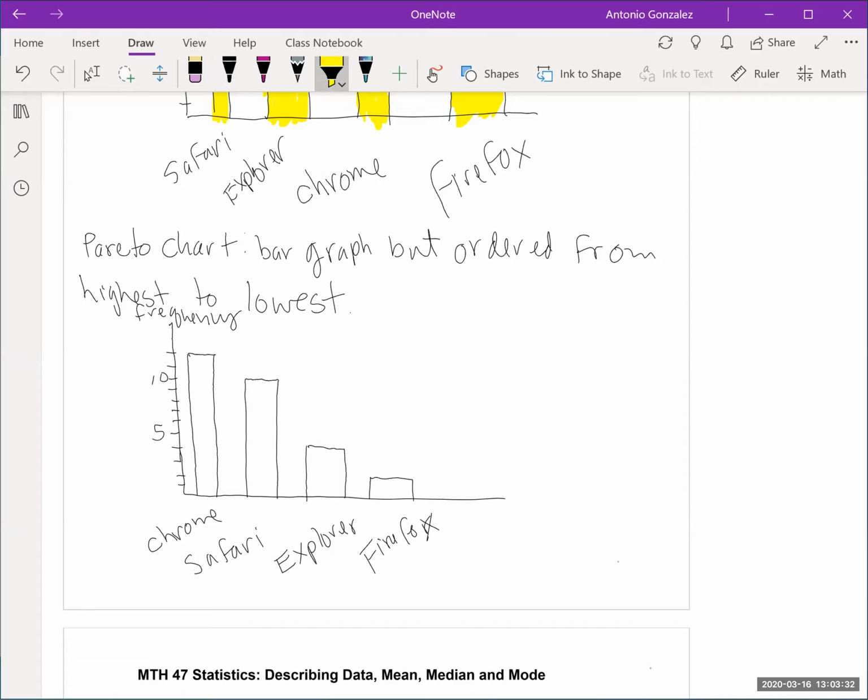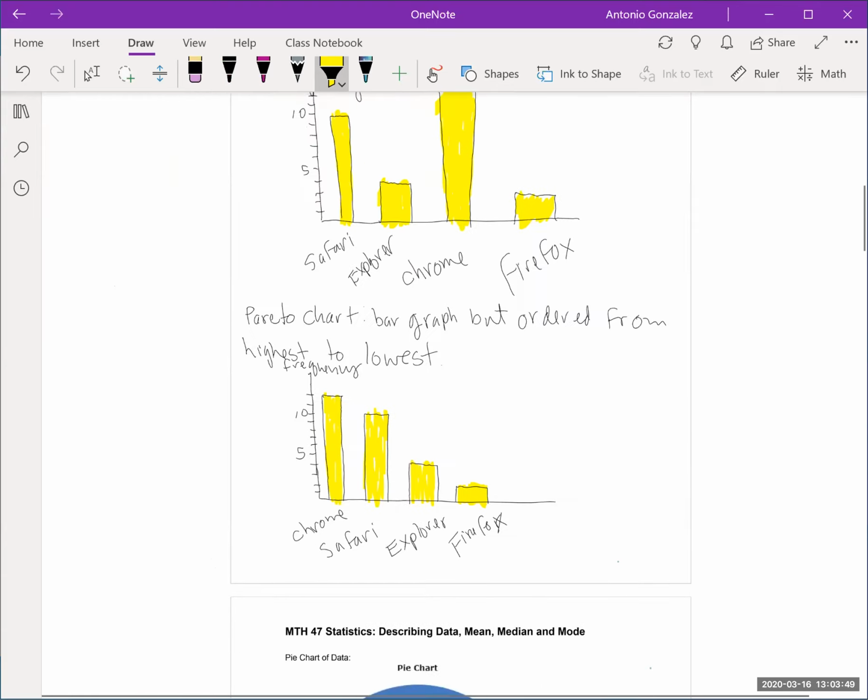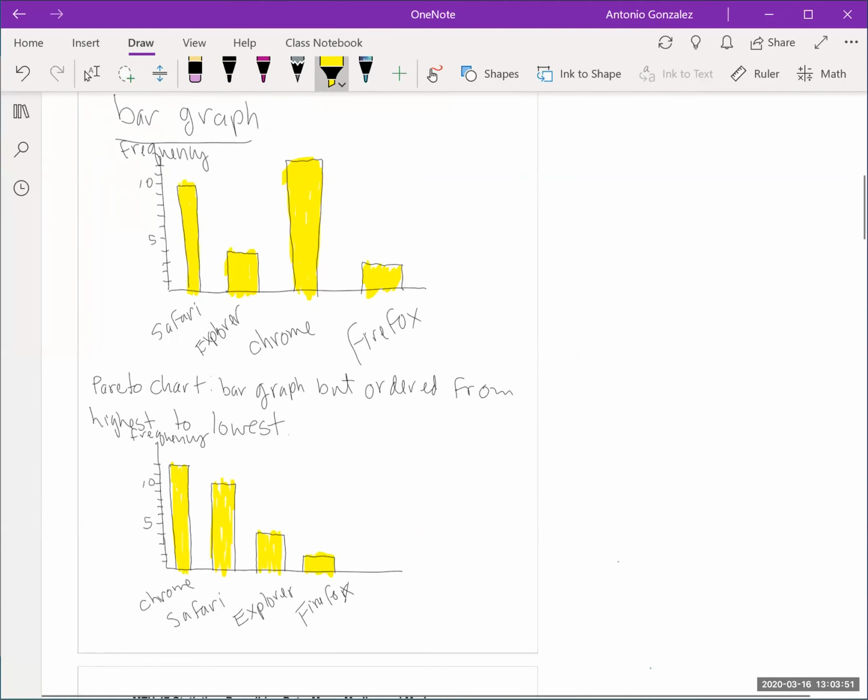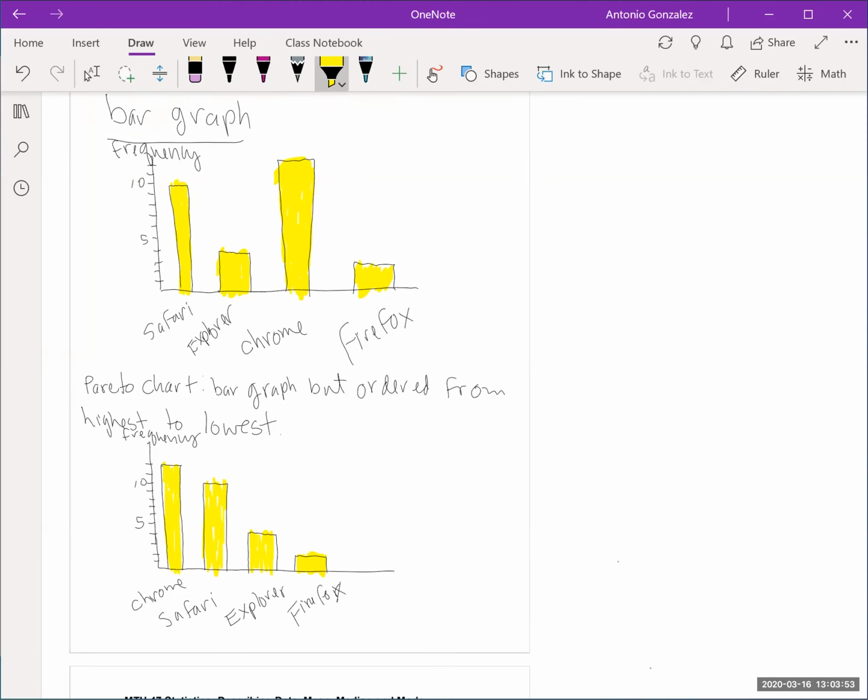Let's fill this in here, make it look pretty. All right, and then we see the difference here, right? First one is a bar graph, and again, this could be in any order, right? And so a Pareto chart is just an example of a bar graph, but it has the highest data value first, and then it decreases from there.